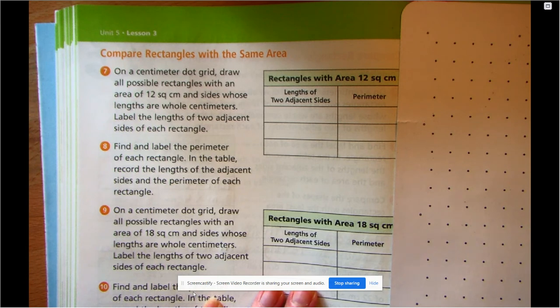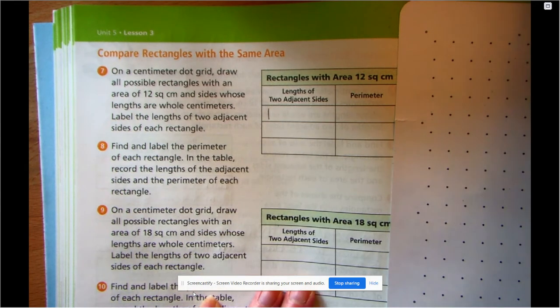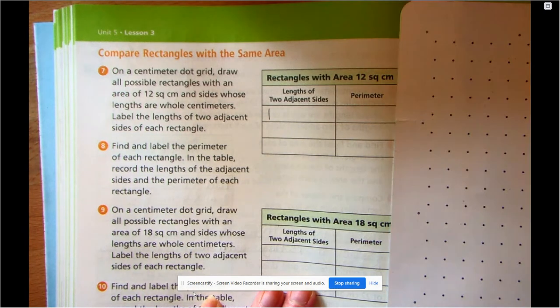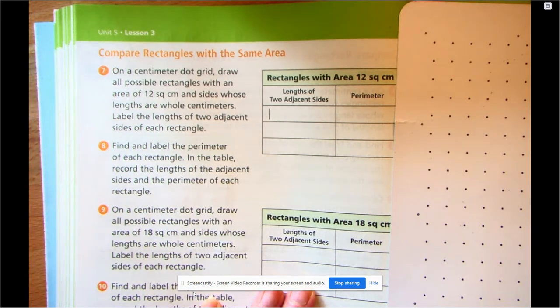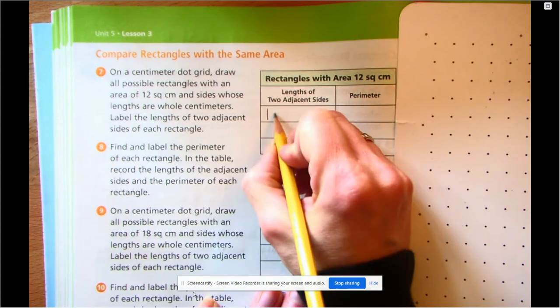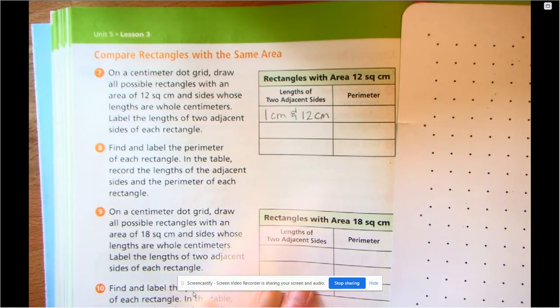I like to always start with the number 1. If I do 1 as one of my partners, think about what I am going to multiply. 1 times what to get 12 as my inside area? Hopefully you know that that's 12, right? Anything times 1 is itself.